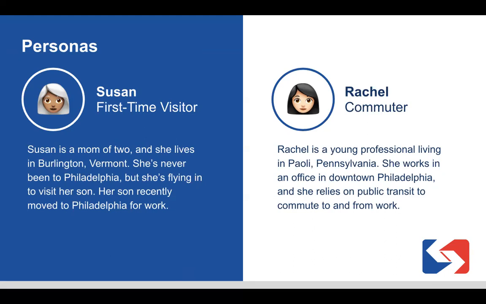And second is Rachel, who lives in the Philadelphia area and relies on SEPTA to commute to work, so she is interested in the real time updates of SEPTA transit.